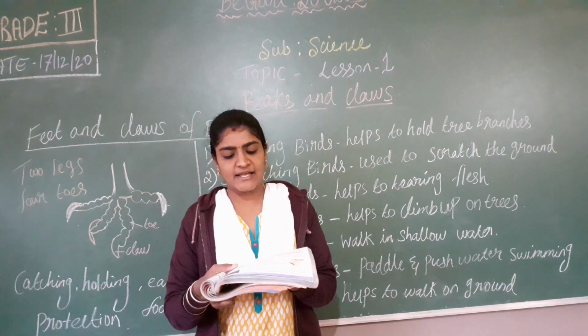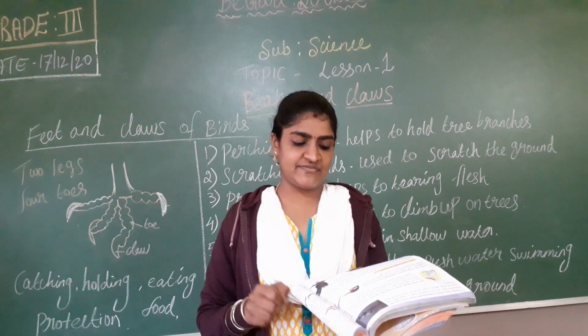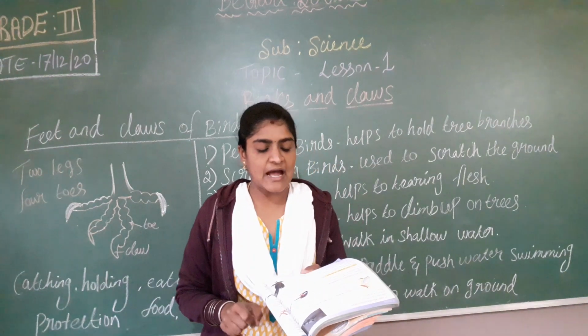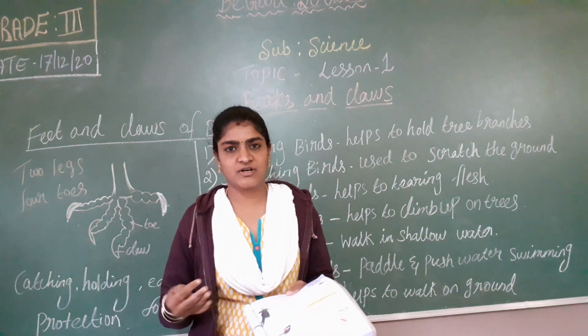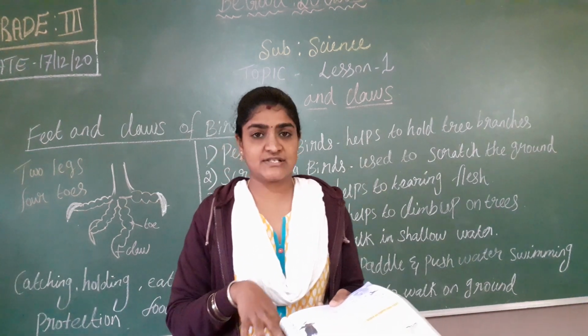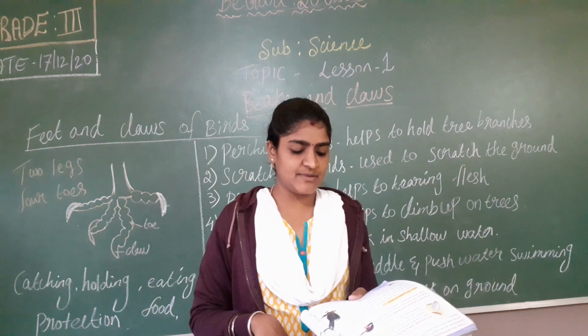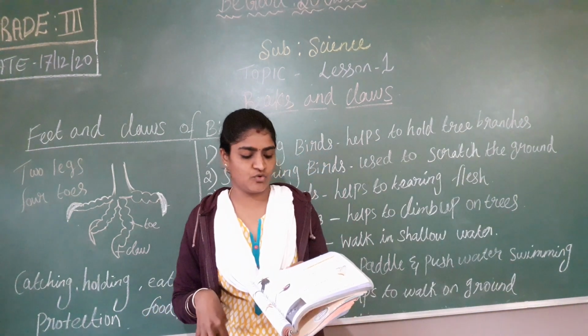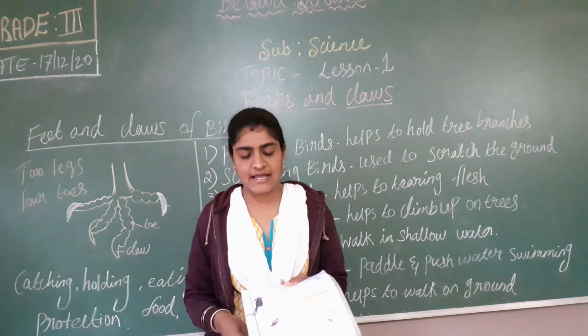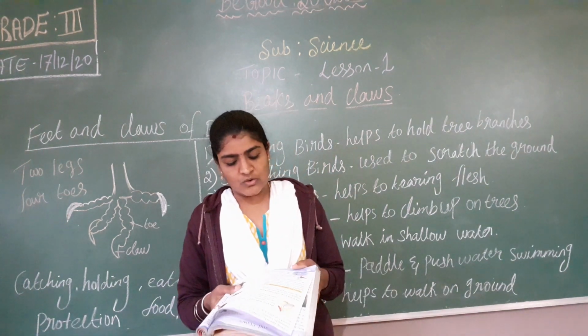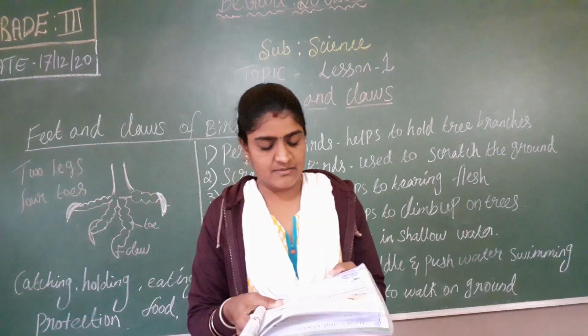Next, they help some birds in walking, swimming, perching and climbing. A few birds use them for walking and swimming in water. Those aquatic birds swim in the water with the help of toes and claws. Next is perching, and next is climbing. They also protect the birds from their enemies.